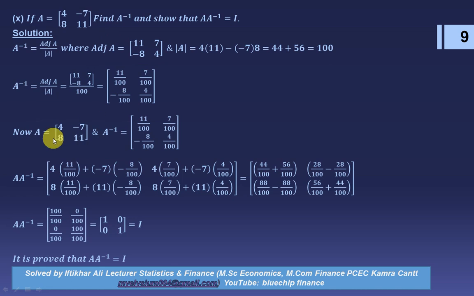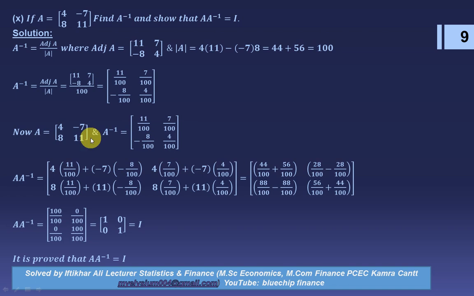Now we are going to multiply A and A inverse. So first row multiplied by first column: 4 multiplied by 11 by 100 plus -7 multiplied by -8 by 100. Calculation is given here. So 4 multiplied by 7 by 100 plus -7 multiplied by 4 by 100, which is given here.